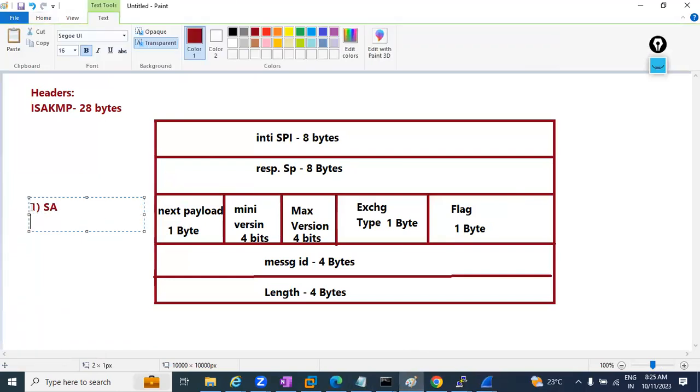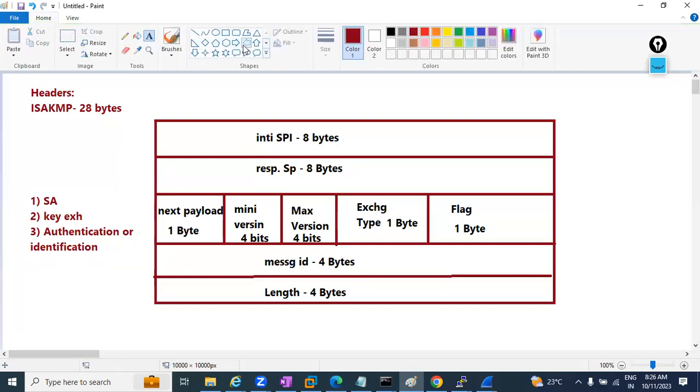One is security association, second is key exchange, and third is authentication, sorry, identification. Most of the time there would be identification. So these are the three possibilities in this header.